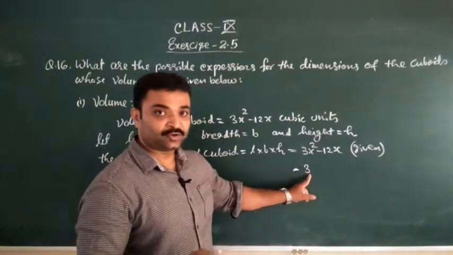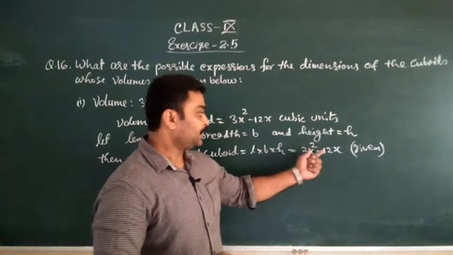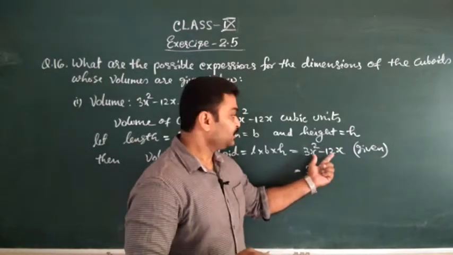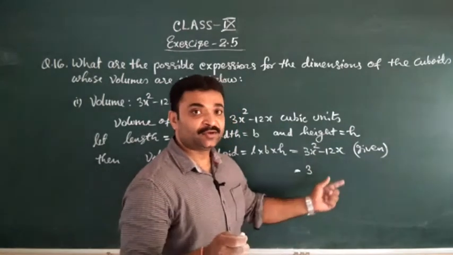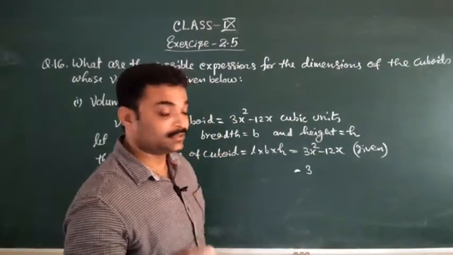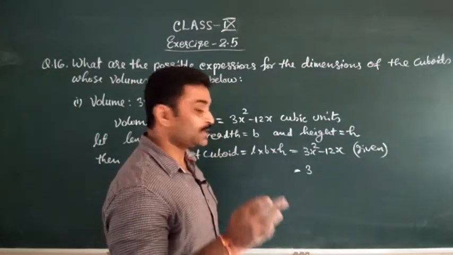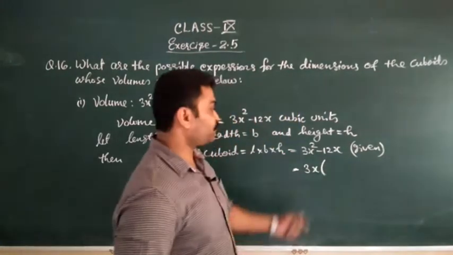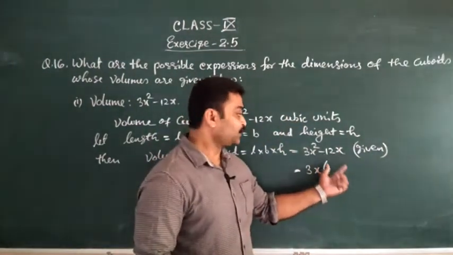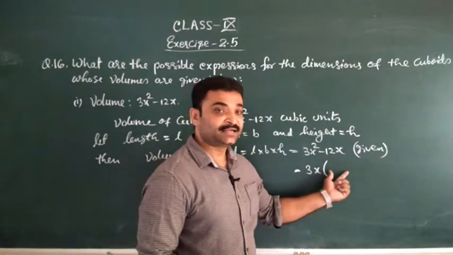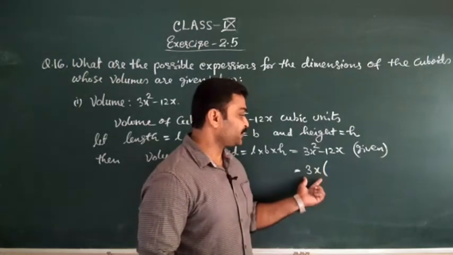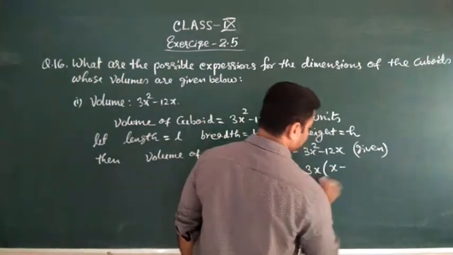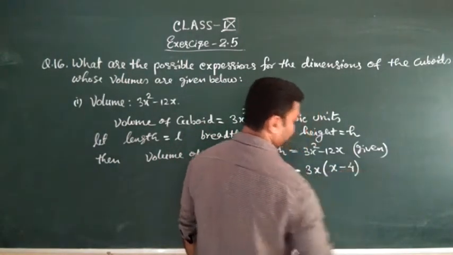So we can take 3 common from the numeral part, and from the variable part we can take the least power of the variable, that is x. So we will take x common. Now 3x is common from 3x square minus 12x. So what do we get inside? When 3x square is divided by 3x, we will get x minus 4.